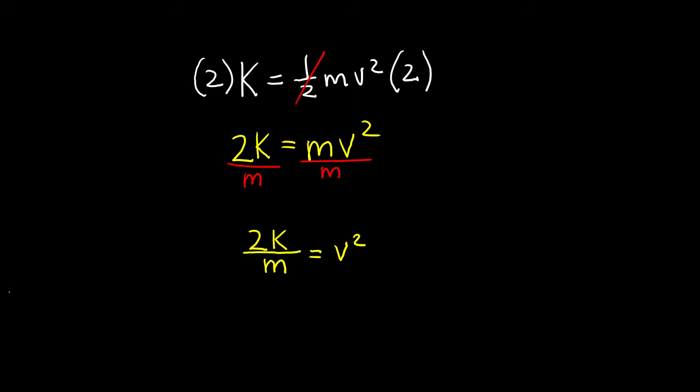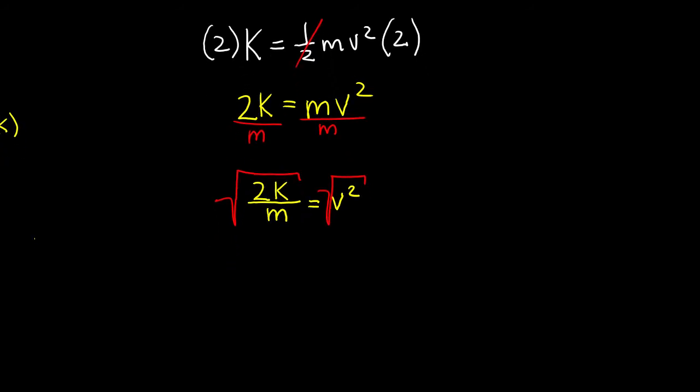And the last thing to do is to take the square root of both sides. Taking the square root of both sides isolates the velocity to just being v as opposed to v squared, and gives me my final form, which is the square root of 2 times the kinetic energy divided by the mass equals the velocity.